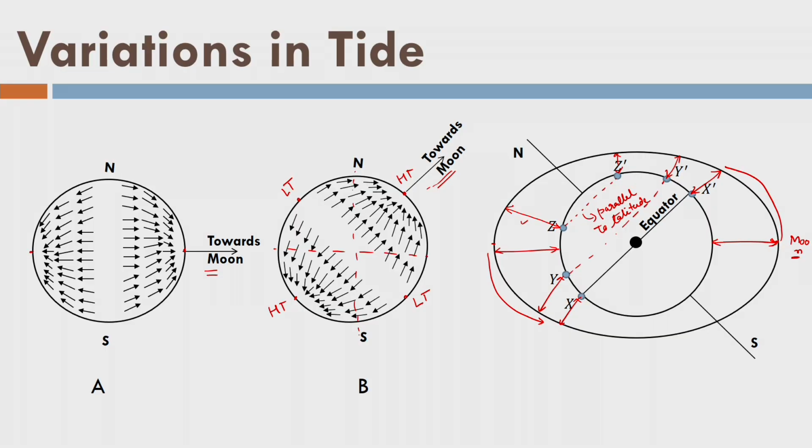Okay, now what about the frequency of the tides? We have to understand the variation in the tide level. We have also understood that there is a high tide and there is a low tide, and across the day we will feel 2 high tides and 2 low tides. Okay, but we also know that the moon revolves or orbits around the earth. So what's the effect of that? We'll have the tides.